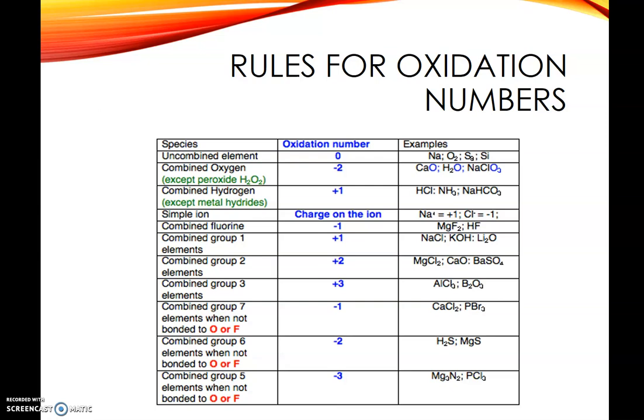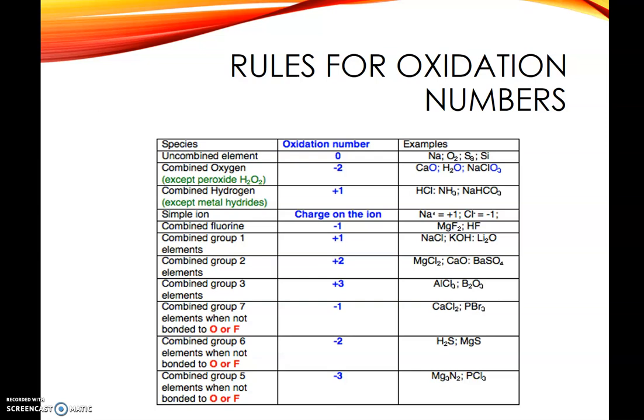Therefore, the oxidation number is the same as the charge. And again, for the non-metals such as chloride, iodide, bromide, if you know that the charge on the ion is 1-, then the oxidation number is -1. When fluorine is combined to any other element, it is always -1, always -1.